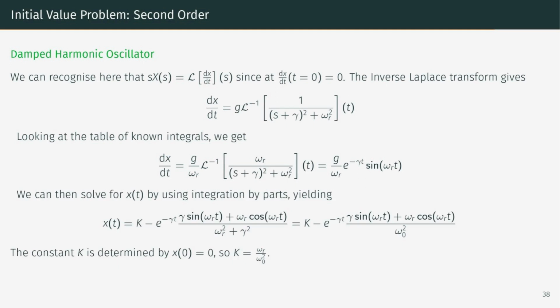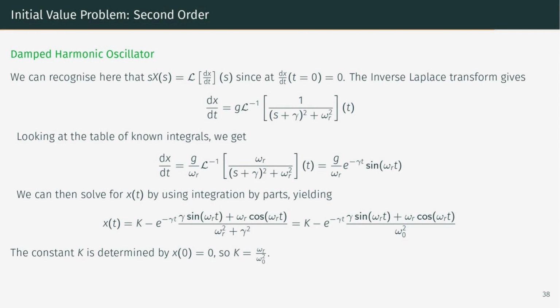We can then solve for x of t by using integration by parts, which gives us x of t equals k minus e to the negative gamma t times gamma sine of omega r t plus omega r cosine of omega r t, all divided by omega r squared plus gamma squared.